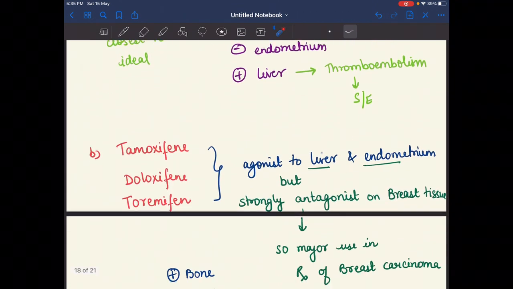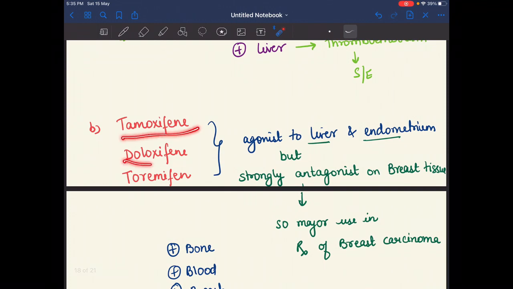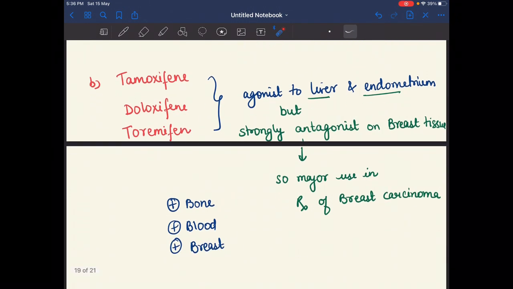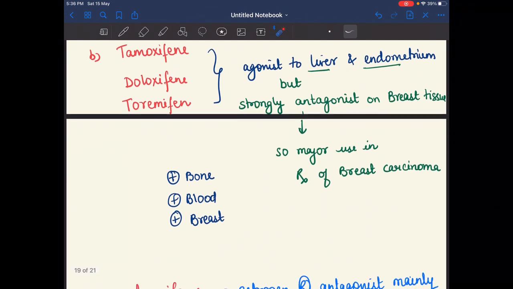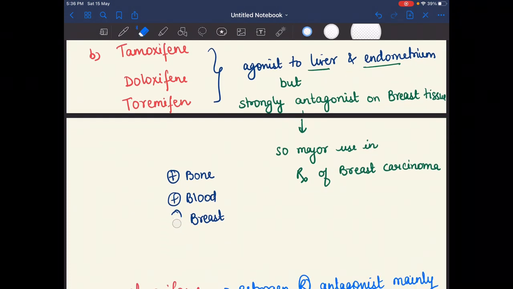The next drugs are tamoxifen, droloxifene and toremifene. These were 3 drugs. They act in favor of bone, blood and breast. In bone it acts as agonist, in blood also agonist, and in breast it acts as antagonist, because it decreases breast cancer.